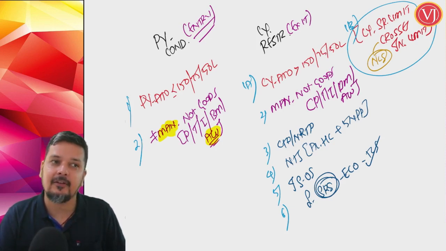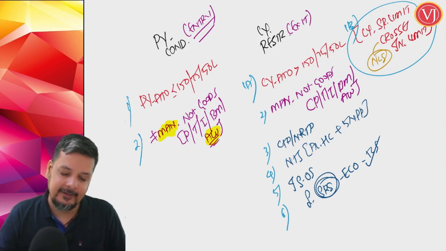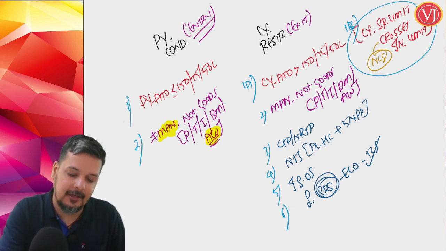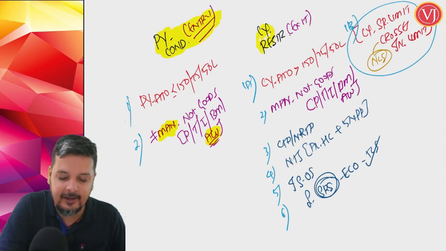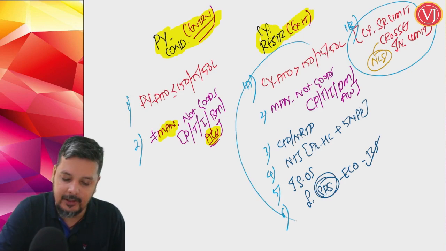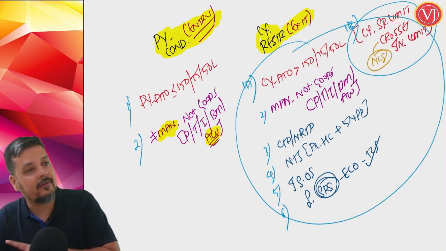So there's a difference between previous year and current year. When I wrote that heading, might be many of you did not understand the significance. Previous year is all about entry conditions and current year is all about restrictions. If in current year you do any of these things, you will be outside composition scheme.